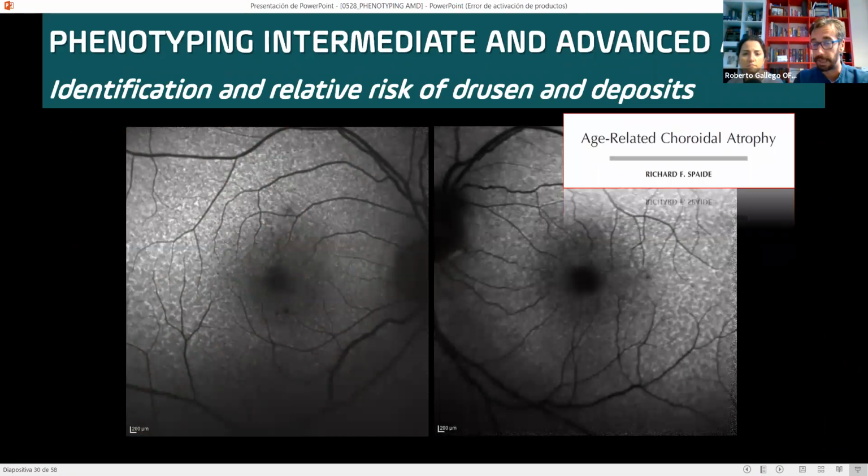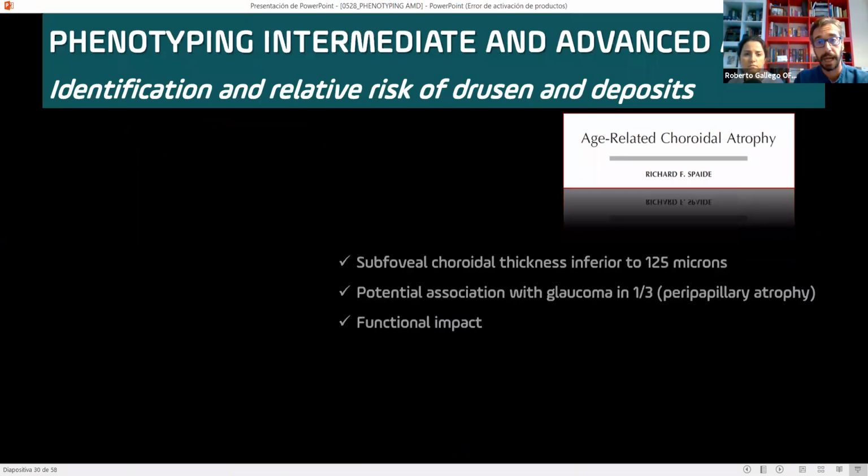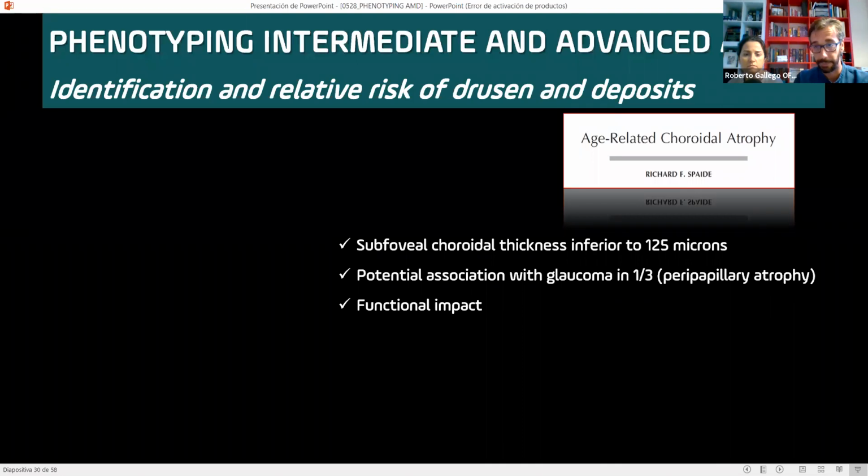Age-related choroidal atrophy is silent with autofluorescence. We are not talking about RPE, we're talking about the choroid. And as Dr. Spaide published, it is considered age-related choroidal atrophy when subfoveal choroidal thickness is inferior to 125 microns.